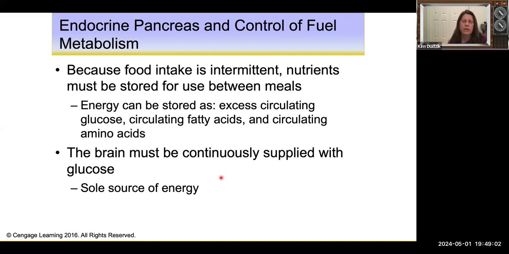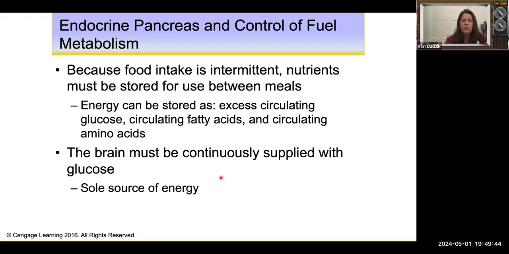Well, in order for that to function, we need nutrient molecules to do that. So the cells need a continuous supply of nutrients to perform these actions. And instead of us then having to eat continuously, what we can do is we can eat large quantities of food, and then when we break it down through digestion and then absorb it into our bloodstream, then the cells can use these nutrients directly from the bloodstream, but then eat additional nutrients, excess nutrients that we take in, we can store it in other areas of the body.